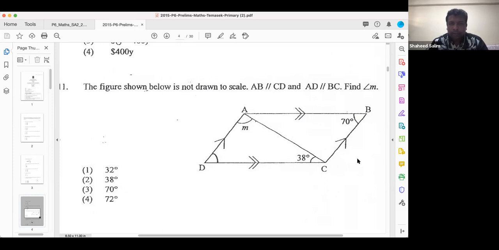What's so unique about parallelogram? Opposite sides, angles are equal. This is parallel to this, this is parallel to this. So this is equal to this. Then you can solve it very easily.